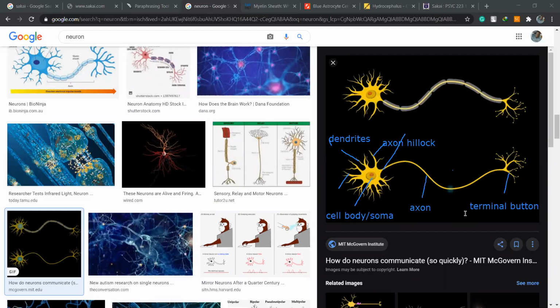Okay, so let's try and get the function of each part of a neuron. Okay, Richard, your hand is up. Yeah, so please, what are the functions of the neurons?